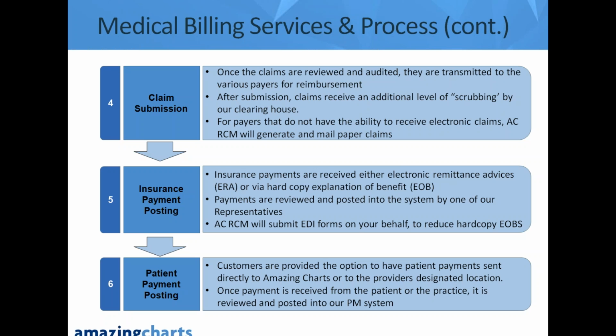Our goal is to get your claims into your carriers within 24 to 48 hours of receipt of them. So if something's not clean, that gives us the ability to go back to you and figure out what's wrong with it, if we need information from you, if we need to go back to the patient for a valid ID number, whatever the case may be, we'll manage that process.